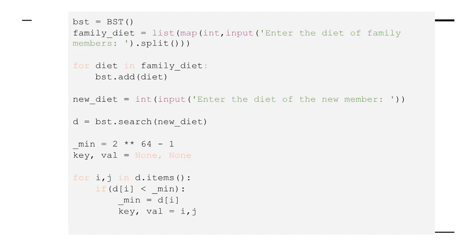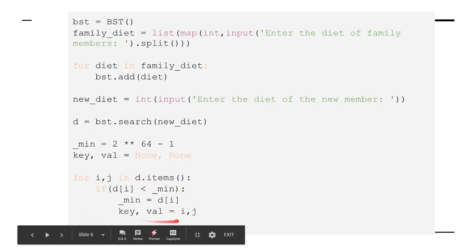So for that I did some basic variable declarations, and I declared some values for the variables. So min is to keep track of the minimum difference that we are trying to evaluate, and key and value keep track of the key and value for the minimum difference.